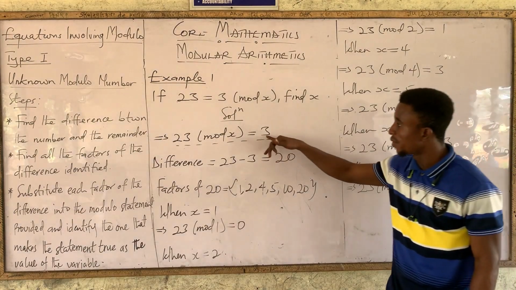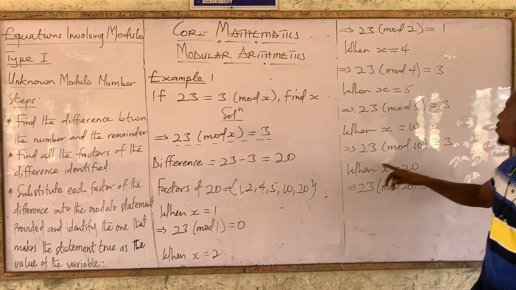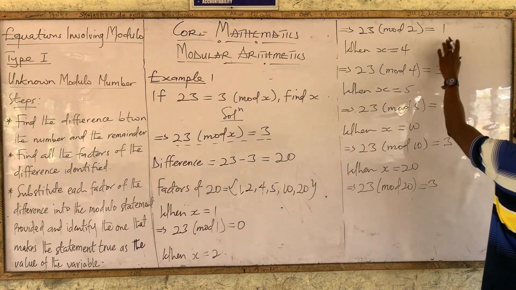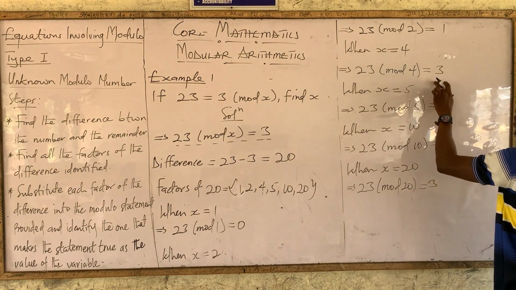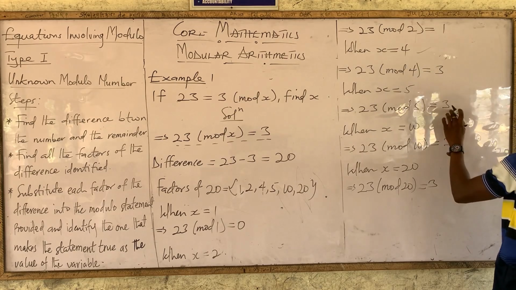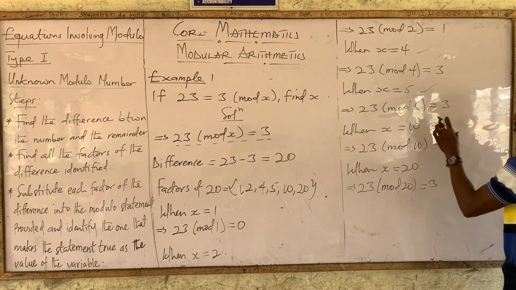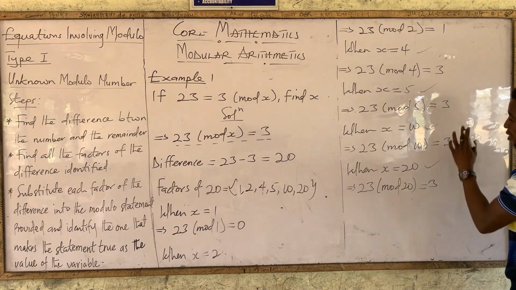We are supposed to get 3 as the answer. The first gives us 0, the second gives us 1, the third gives us 3, and this one too, and this one too, and lastly this one, all give us 3.